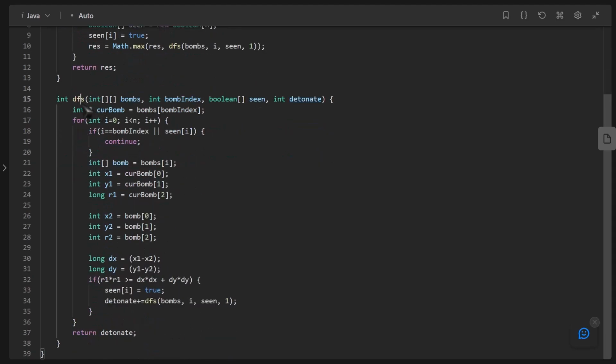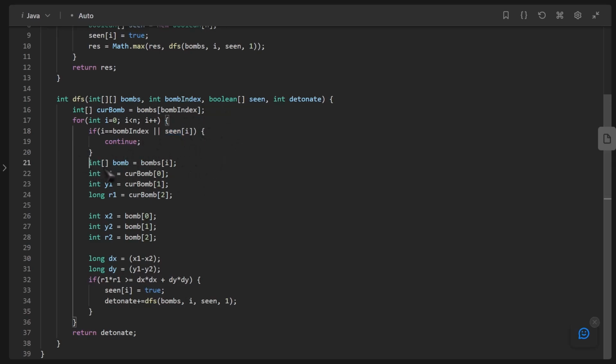So in our DFS, this is straightforward, this is the bomb index, this is the scene, and this is the detonate. From this we get the current bomb. Then for each other bomb we check if it is the same index, we do not continue, or if this bomb is already seen or already detonated. Seen means already detonated, so we don't need to consider it.